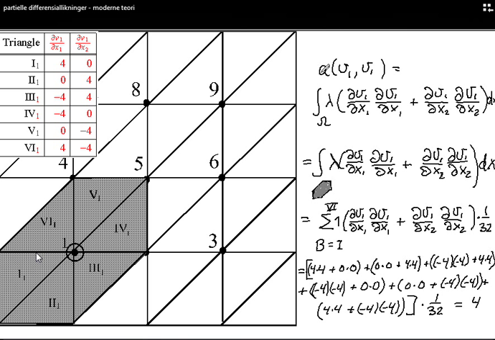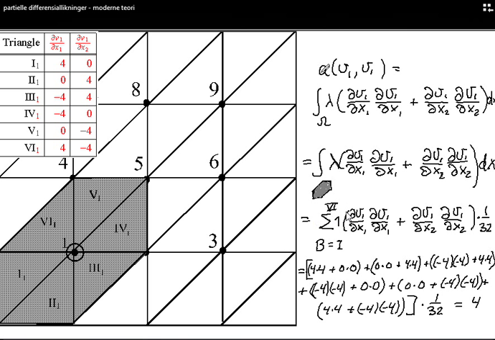One over this first 1,1, second over 2,1, 3,1, 4,1, 5,1, 6,1. So 6 integrals we have to compute and add together.